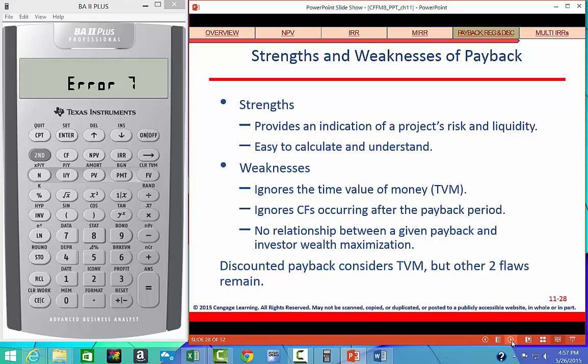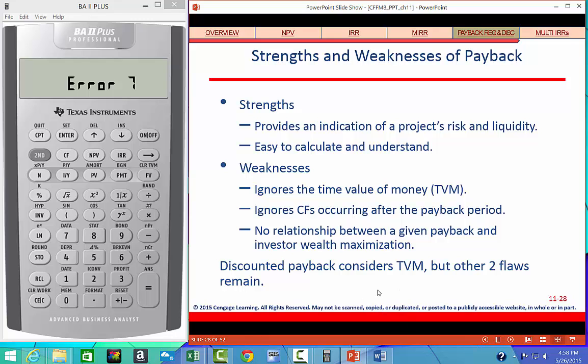So if we went back to Project L and added a cash flow forward and it was negative $1 million, the payback period would have no idea that that was there. And if the company accepted ignoring that negative $1 million, it would have a huge problem in terms of its stock price. And then there's really no relationship between the payback and maximizing shareholder wealth.